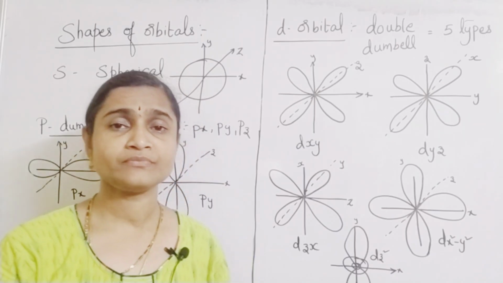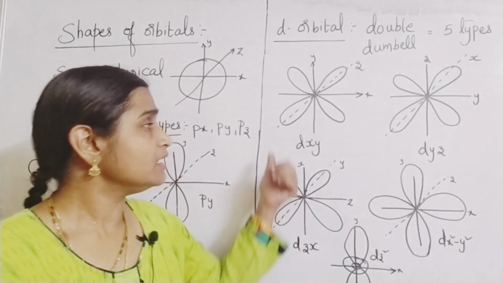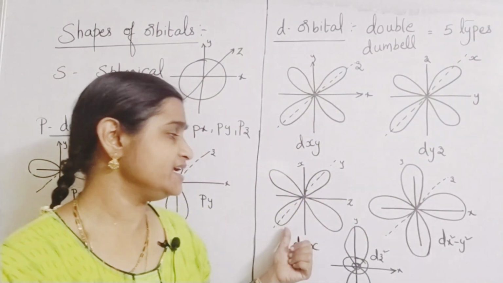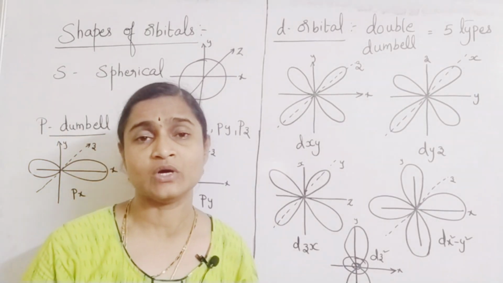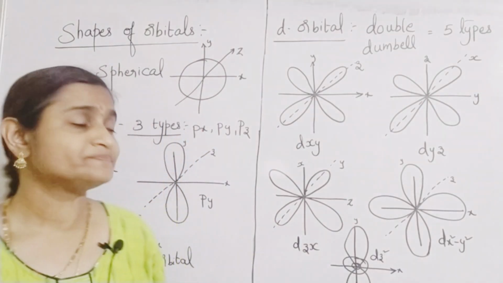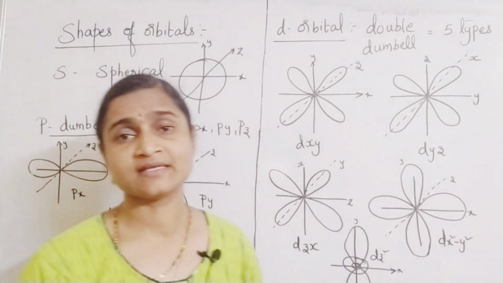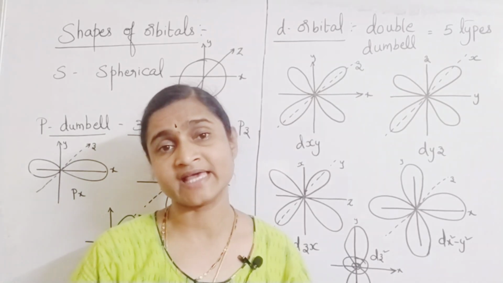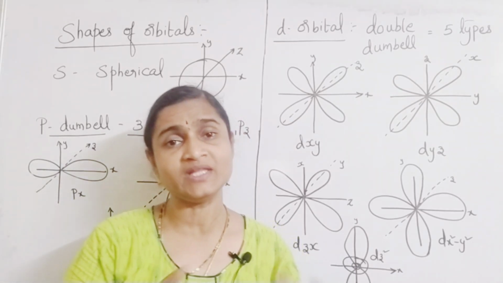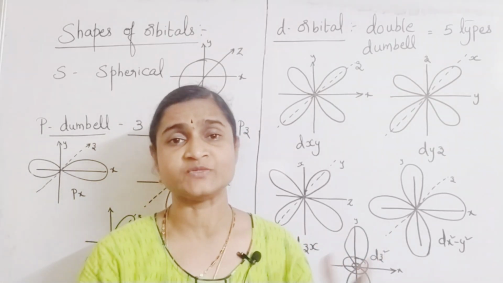Dxy, dyz and dzx, these 3 types of orbitals exist in between the axes, x, y, z. In between the axes the lobes are distributed.